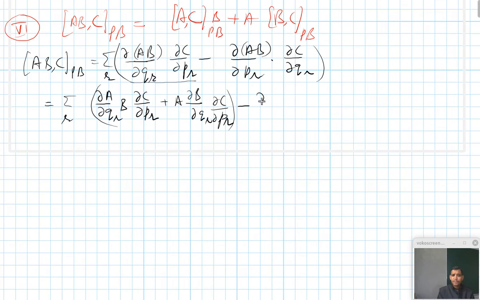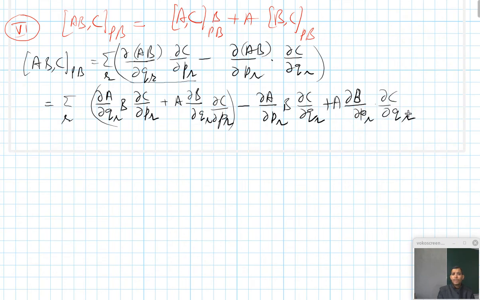And this can be written like this, minus ∂A/∂p_r into B ∂C/∂q_r plus A, ∂B/∂p_r into ∂C/∂q_r. Let me write it down in this way, right, and let us put these together, this with this.